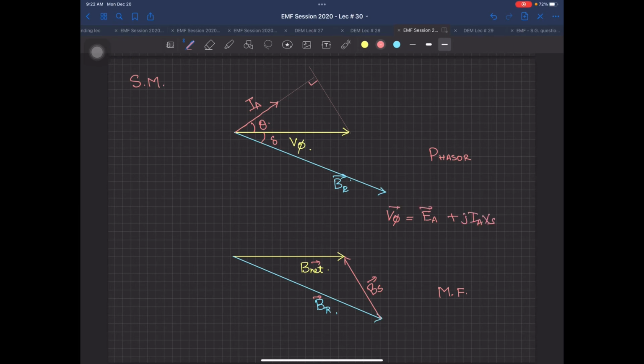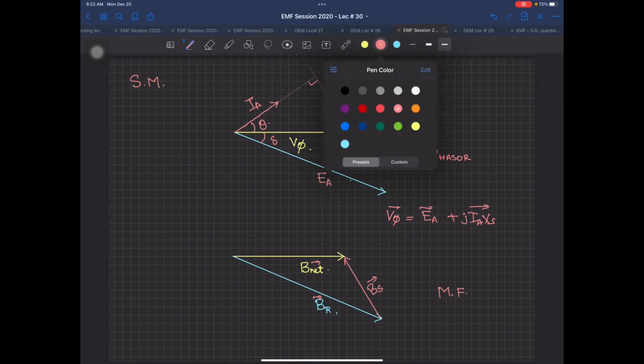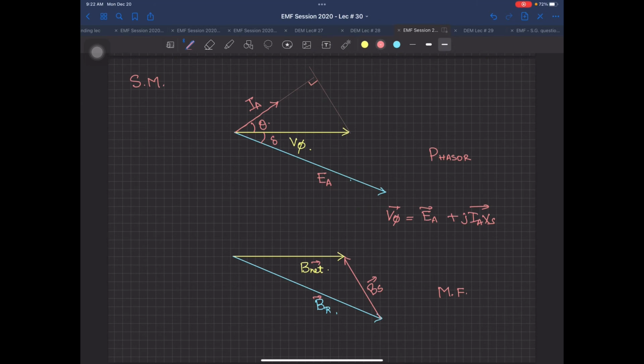Now if you complete this phasor diagram, I have to add jIAXS, and that is going to be equal to, this is actually not BR, this is going to be EA. Okay? Now when I have to add this vector, it is going to be in this direction. So this is going to be jIAXS.